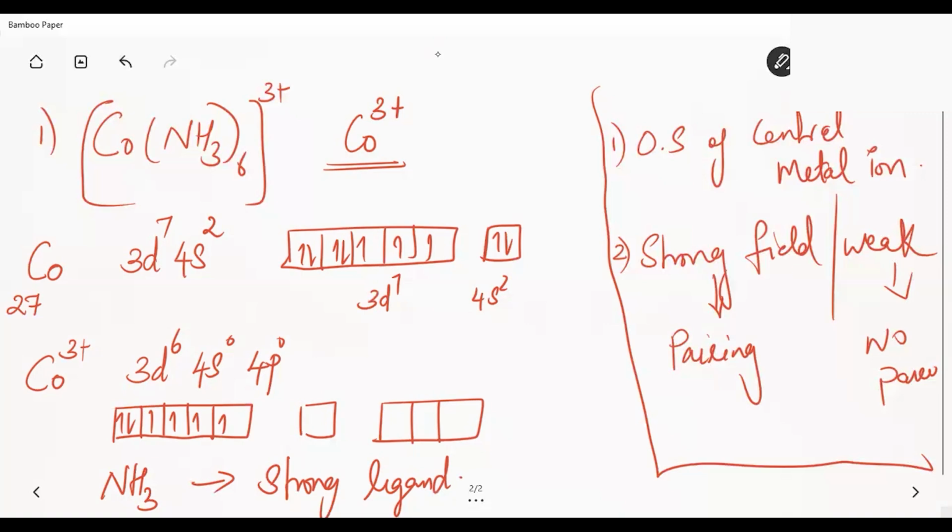Under the influence of the strong ammonia ligand, the electrons in the 3d are forced to pair up. These four will be paired up like this and make 2 orbitals available in 3d.